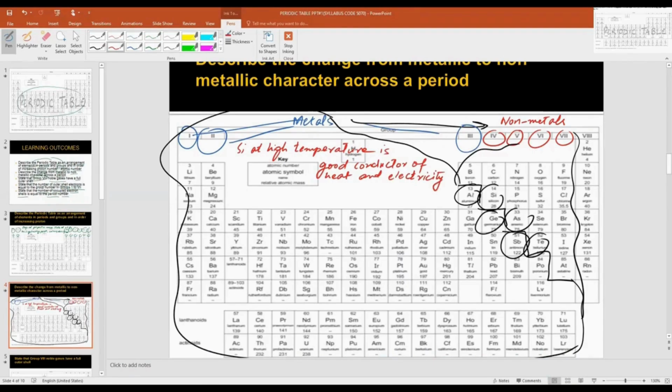In the same way, this concept is applicable to aluminium. Aluminium is below the staircase line, which means it can act as a poor metal.